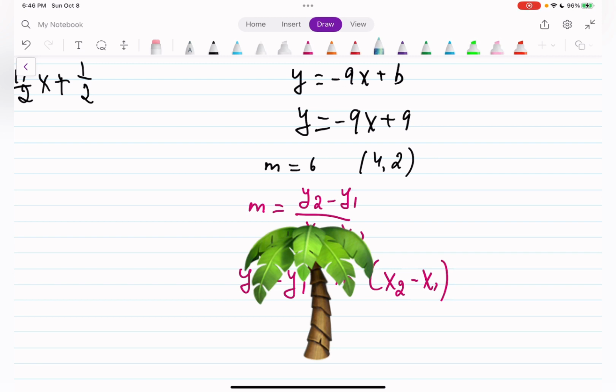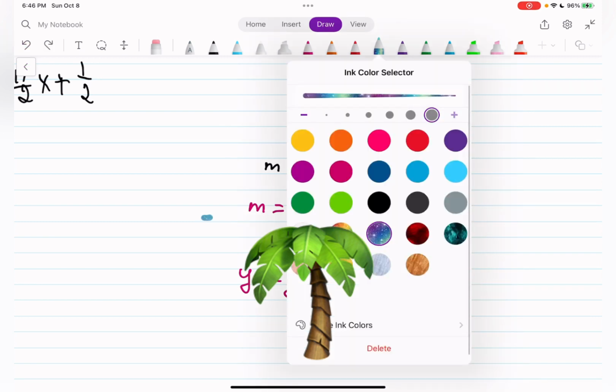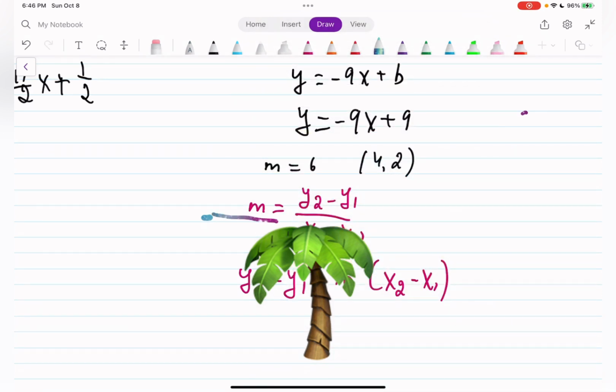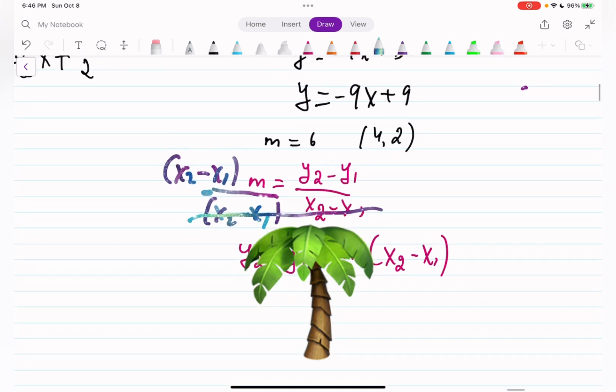Here also it's going to be multiply by x2 minus x1, right? Since it's an equation, I'm dropping this and I get m times x2 minus x1 equal y2 minus y1. That's how I got it. All right? So let me clean this not to make a mess.